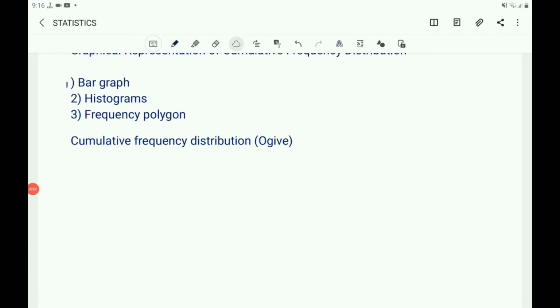So, what is cumulative frequency distribution or Ogive? Both are the same here. Cumulative frequency distribution is also termed as Ogive.